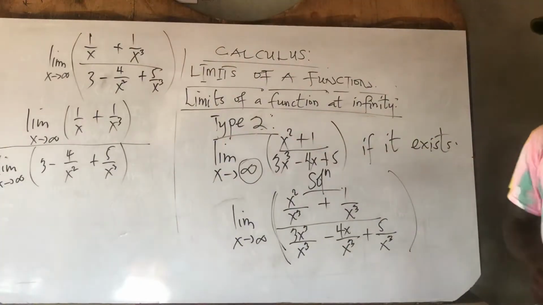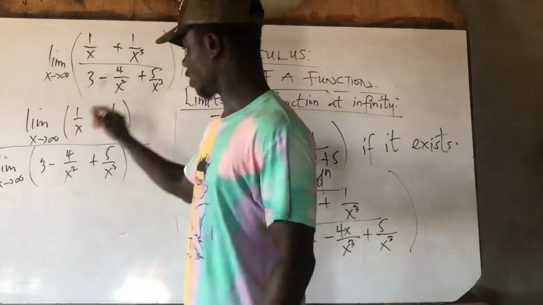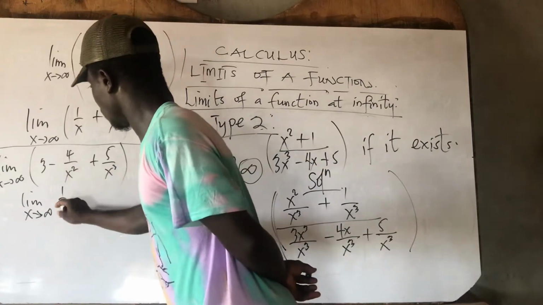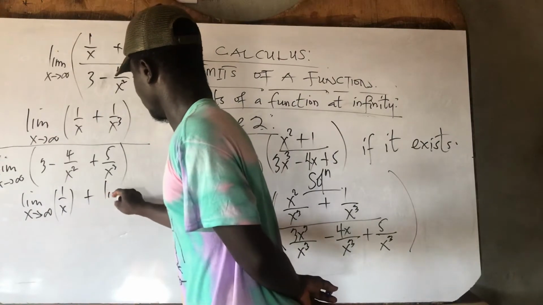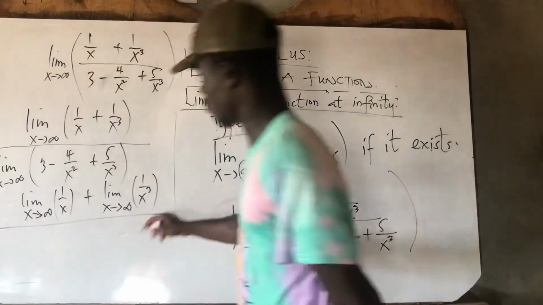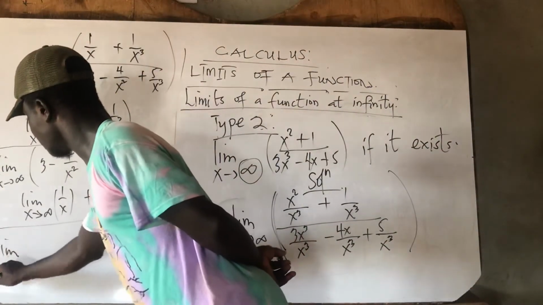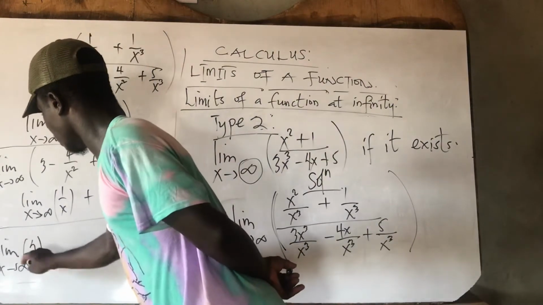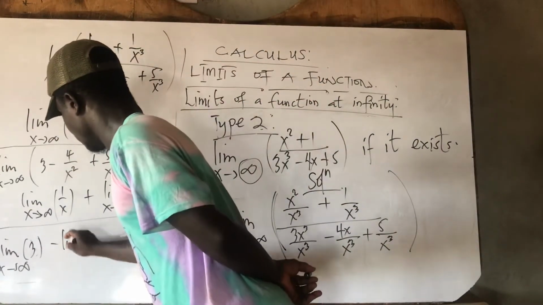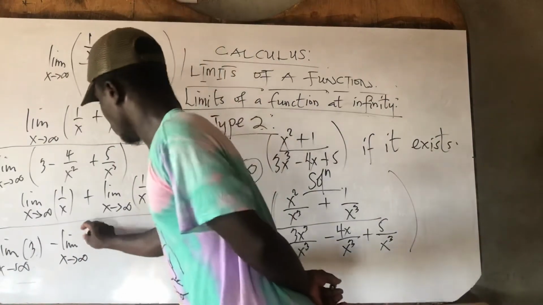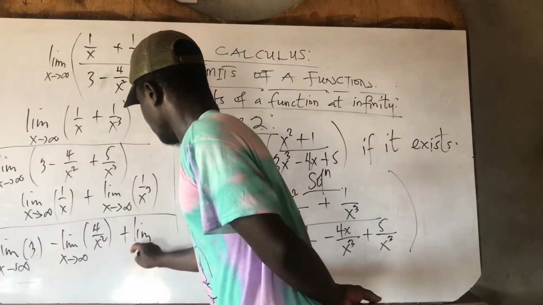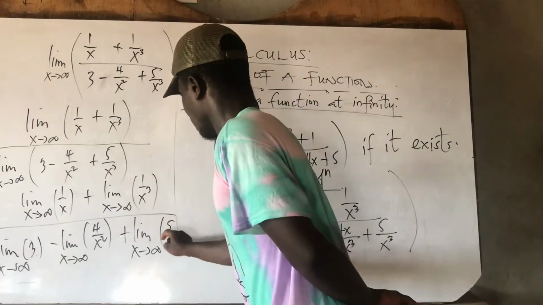Then we apply the limit to each term: the limit of 1 on x plus the limit of 1 over x cubed, all over the limit of 3 minus the limit of 4 on x squared plus the limit of 5 on x cubed.